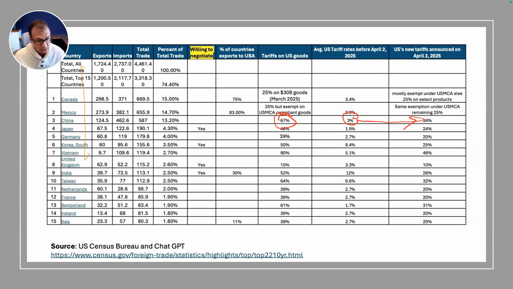Not necessarily how much tariff you're charging, but what is the trade deficit? Based on that, he's figuring out what tariff we should be charging you. Ultimately, if you look at approximate figures for most of these countries other than those in the European Union, you'll notice that it's almost half of it. So he's saying that if you charge us 67%, we'll charge you 34%. If you charge us 50%, for example in the case of South Korea, he says we're going to increase it to 25%.